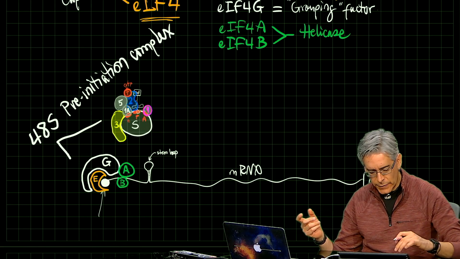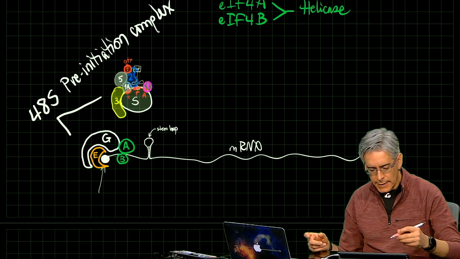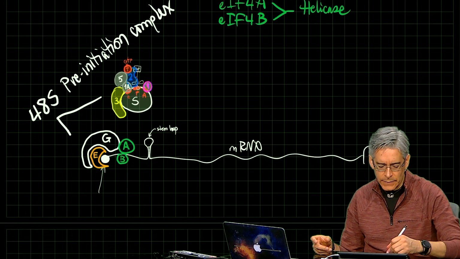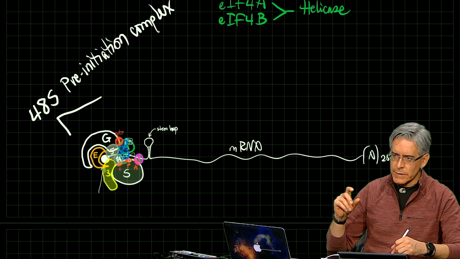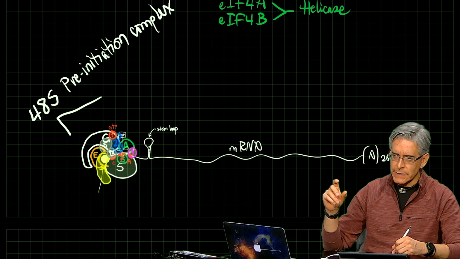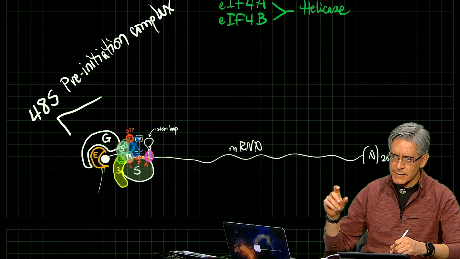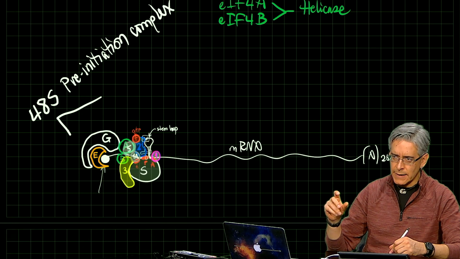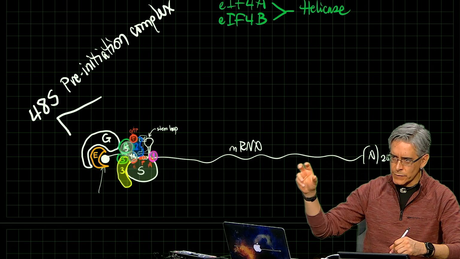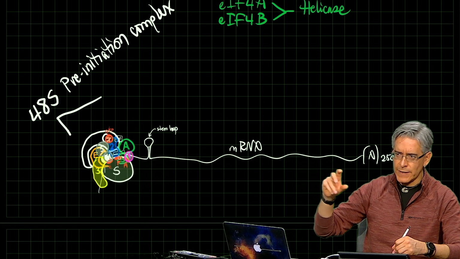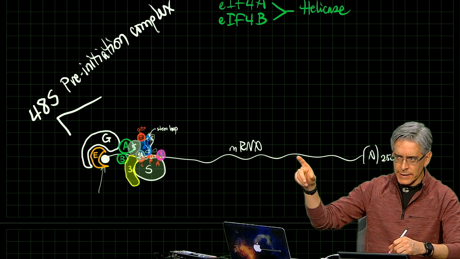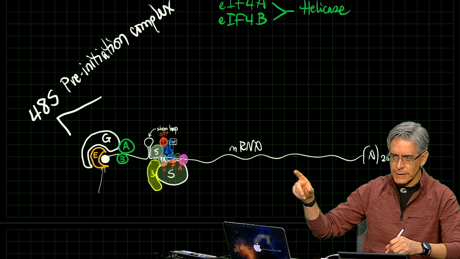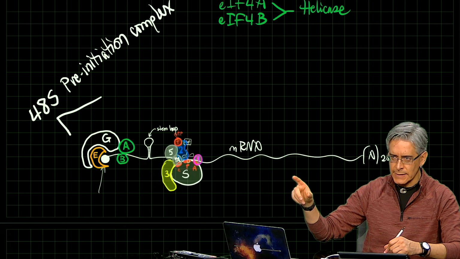So let's go ahead and do it. And the next thing that will happen once that complex has been formed is the small ribosomal subunit together with the tRNA will start scanning the messenger RNA. So everything will be moving together. So factor 4G is also moving together with all of these. It'll eliminate secondary structures, and it will allow for all of this to continue scanning.